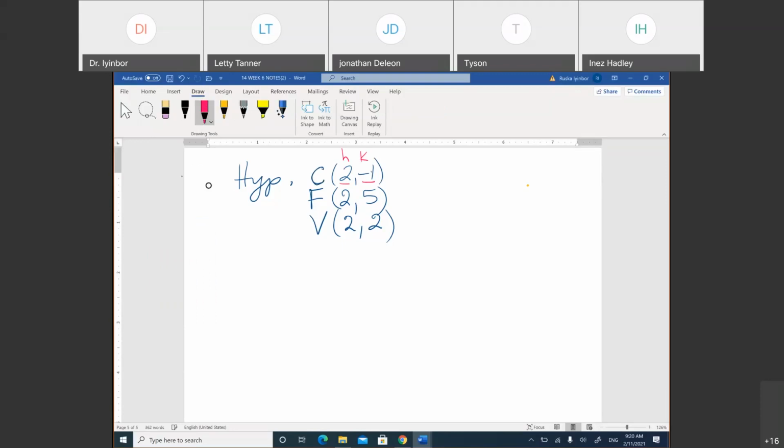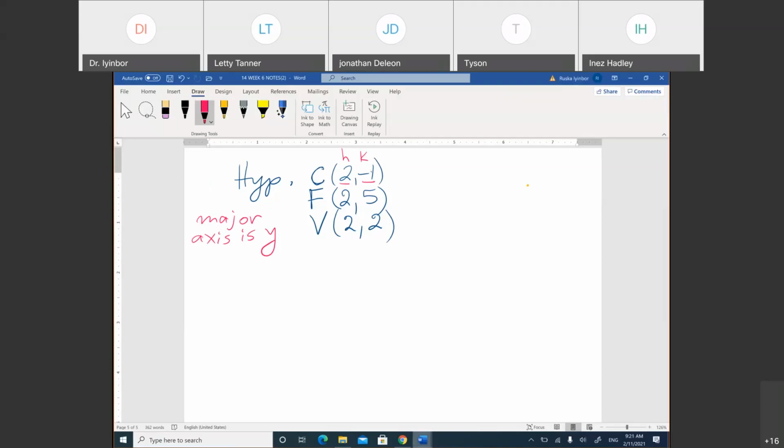Now, which one is your major axis? Which coordinate is changing, the first or the second coordinate? Y, that's right. So major axis is y. That's correct. So major axis y, center h and k.